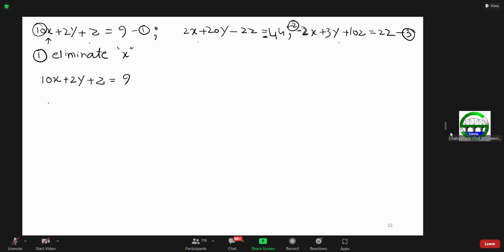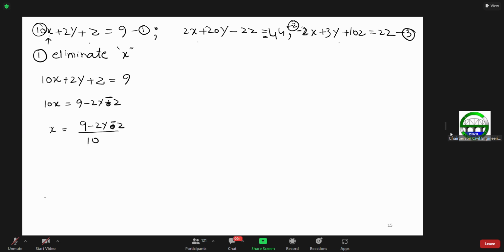Or I can say that 10x is equal to 9 minus 2y minus z. Or I can say x is equal to (9 minus 2y minus z) divided by 10. This one will be minus as well.